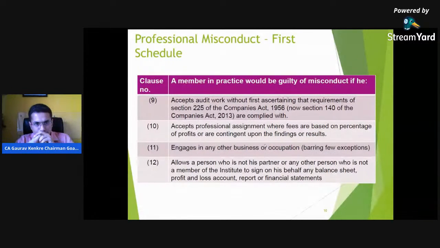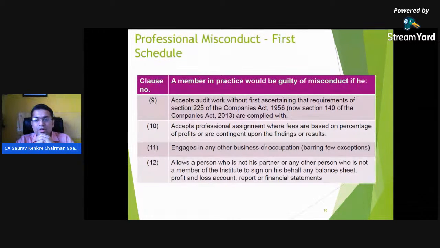Next, if you accept audit work without ascertaining the requirements of the Companies Act, basically, if the Companies Act lays down certain criteria before which you cannot accept company audits, so if you do not look at these criteria and then you still take the assignment when you are actually not eligible to take the audit assignment, then of course it will be a violation.